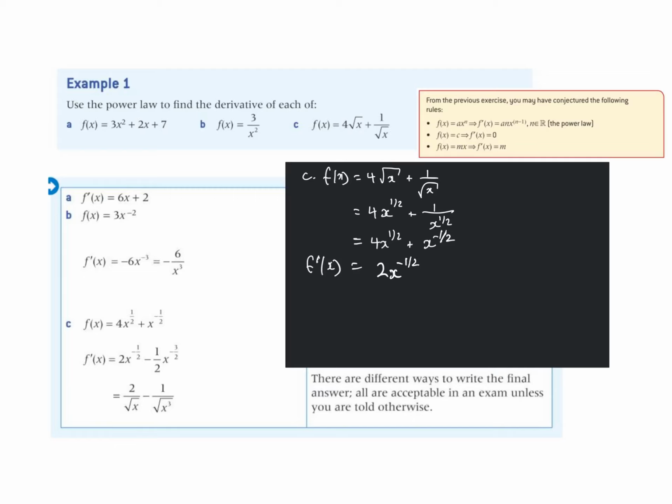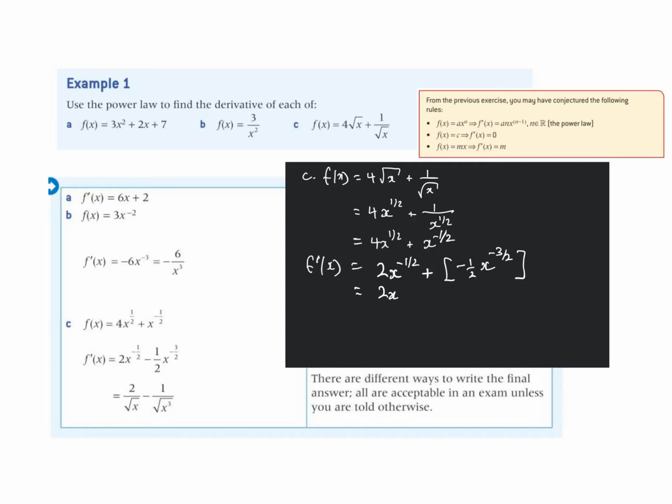Now here I'll put the plus in, but let's see what we do with this. We've got minus a half. We bring that down to the front, so that becomes minus a half times x. And we have to take 1 away from that, and so that's going to be, in this case, minus 3 on 2. Let's resolve that.